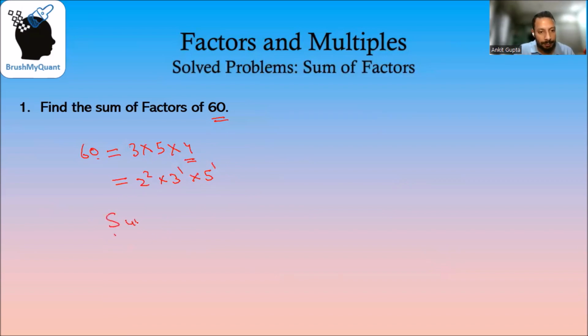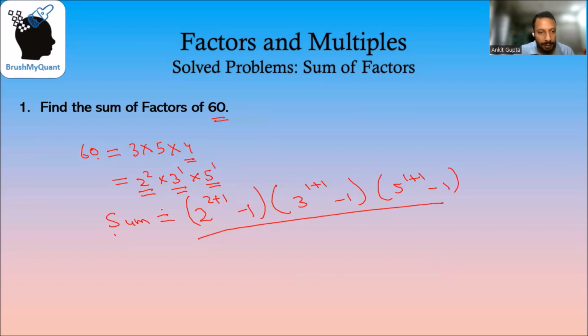So the sum will be given by adding 1 to the power and subtracting 1 from the entire term, for each prime, divided by the prime number minus 1. So 2 minus 1 multiplied by 3 minus 1 multiplied by 5 minus 1.